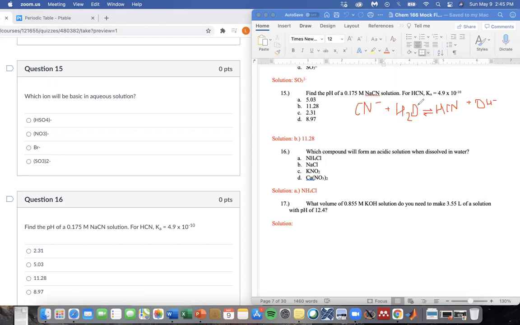The water is a liquid, so it won't get put into your K expression, but you'll have your Kb is products over reactants: HCN times OH minus over your CN minus.